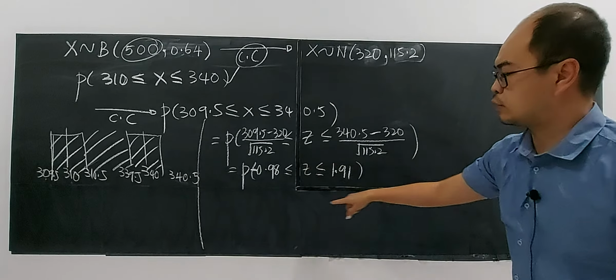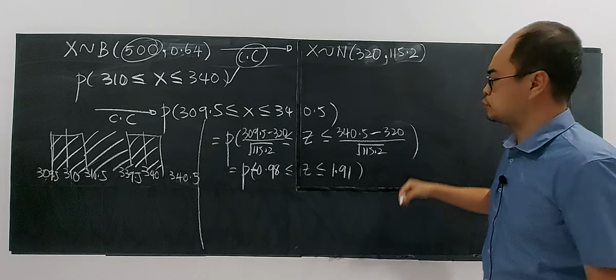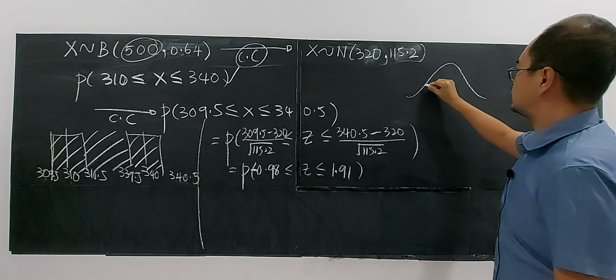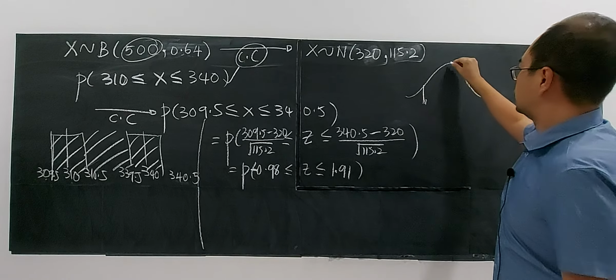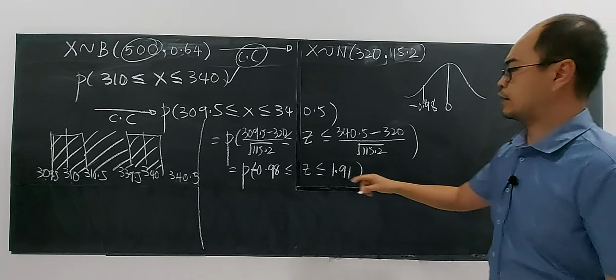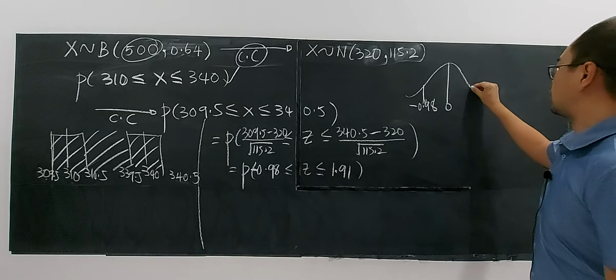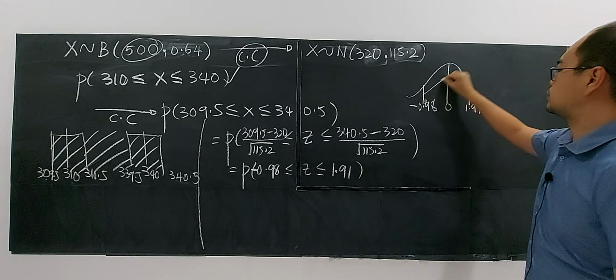So how do we evaluate this? You already learned this when I explained normal distribution. This is the region. 0 is always here, so here is negative 0.98, and this is 1.91. Positive and negative, so it is in between here.